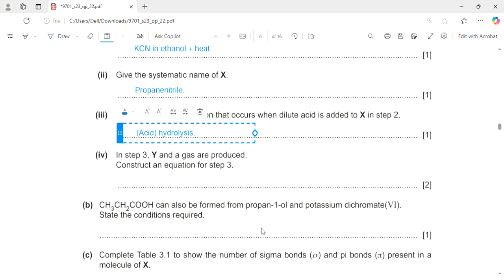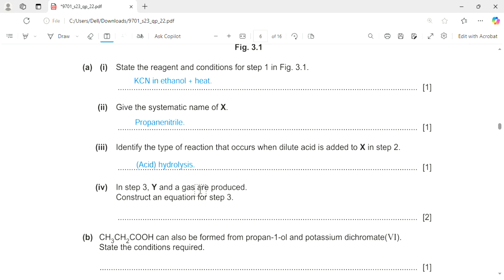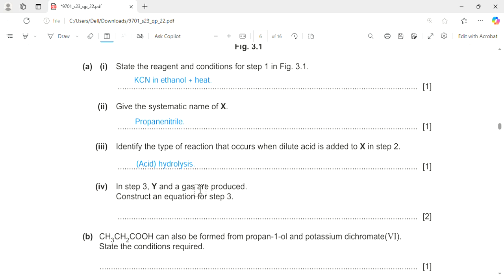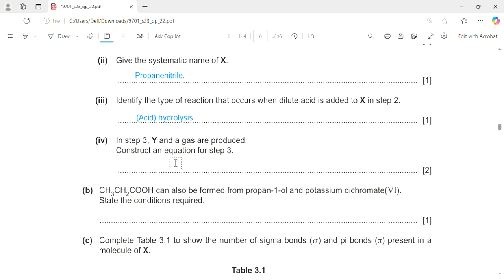Now question number 3, part A, part 4. In step 3, Y and a gas are produced. Construct an equation.